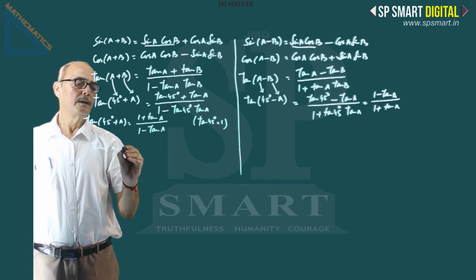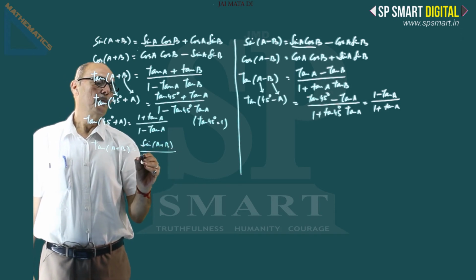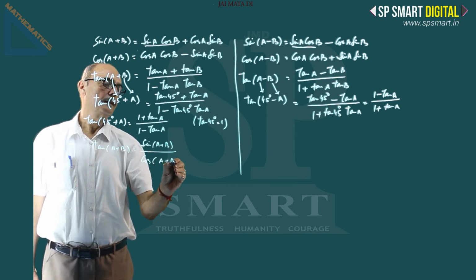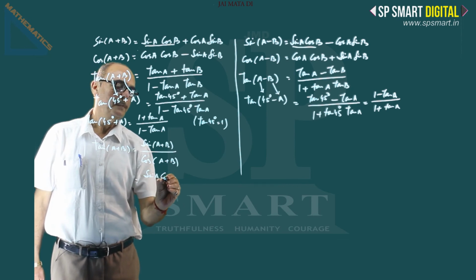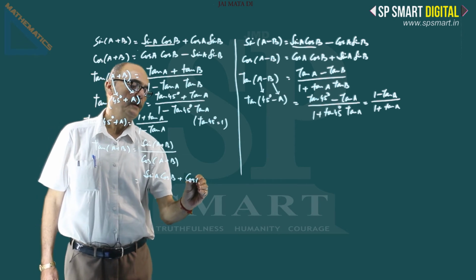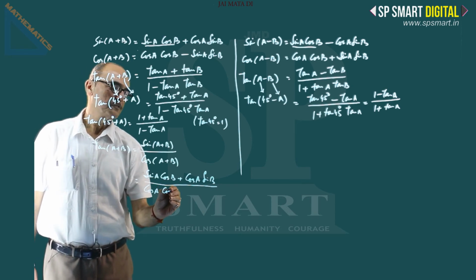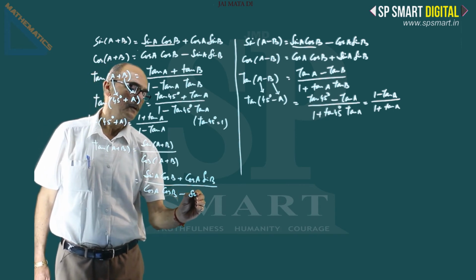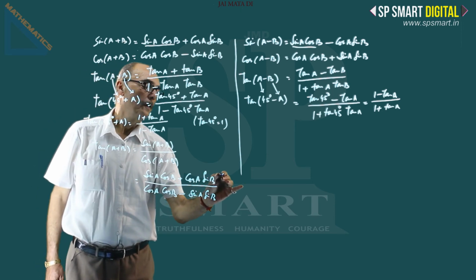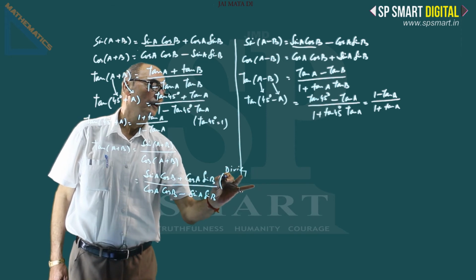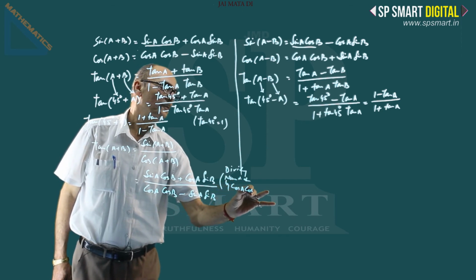Tan of A plus B is sine of A plus B upon cos of A plus B. So, this is equal to, writing down the formula for sine A plus B, sine A cos B plus cos A sine B upon cos A cos B minus sine A sine B. Dividing numerator and denominator by cos of A into cos of B.